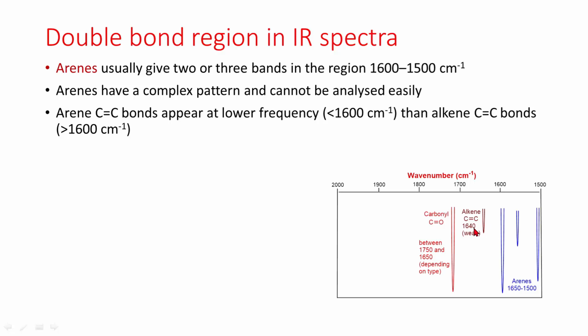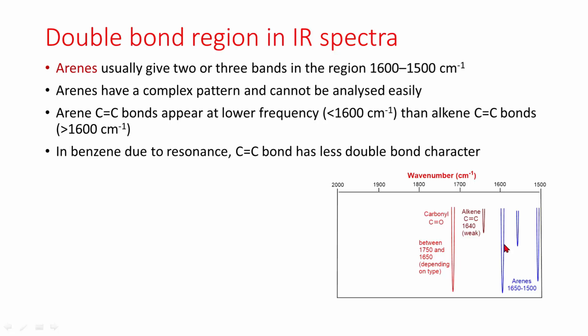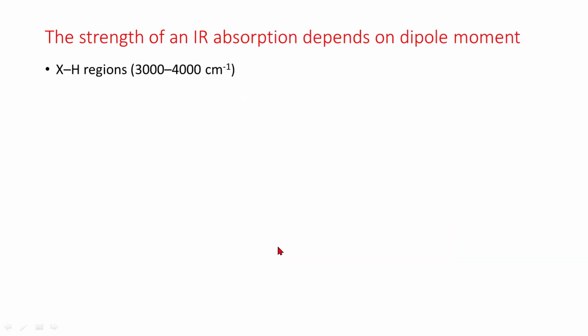The reason is, in case of aromatic compounds, due to resonance, the carbon-carbon double bond has less double bond character when we compare it with the carbon-carbon double bond of alkenes. The strength of an IR absorption depends on dipole moment.